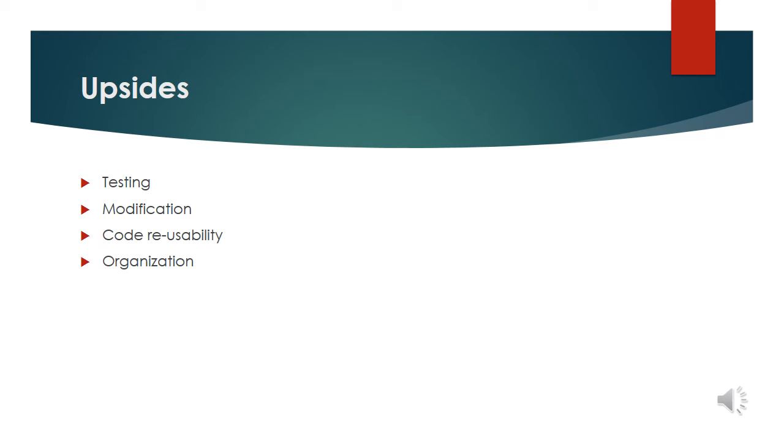Code reusability. Because the algorithms you have already used in your program are all encapsulated in their own classes, they can be called from anywhere in your program without having code duplication. Organization. The strategy design pattern can help you keep track of all the algorithms you already have available and make it easier to call them.